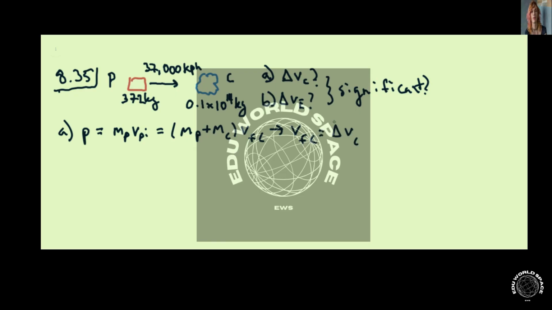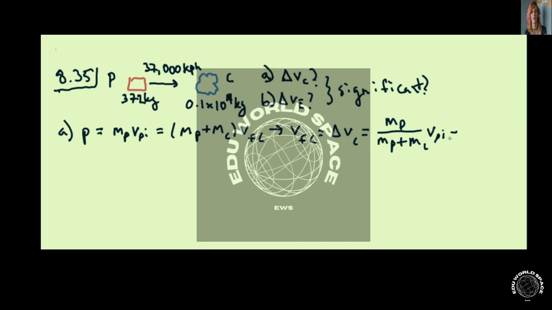And like we just said, because we're considering everything in a reference frame where the comet is at rest, its final speed will be equal to the change in speed. And so this is equal to the ratio of the mass of the probe to the mass of the combined system of probe and comet, times the initial speed of the probe.